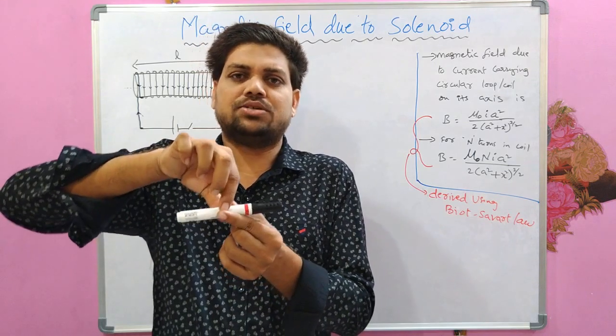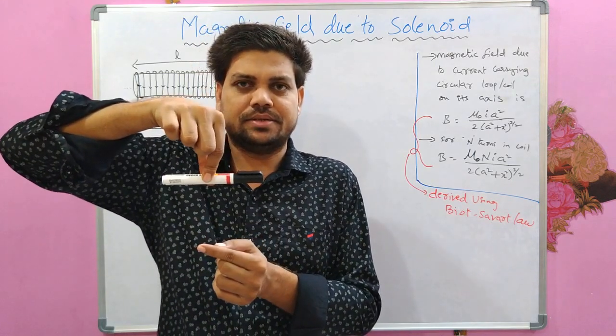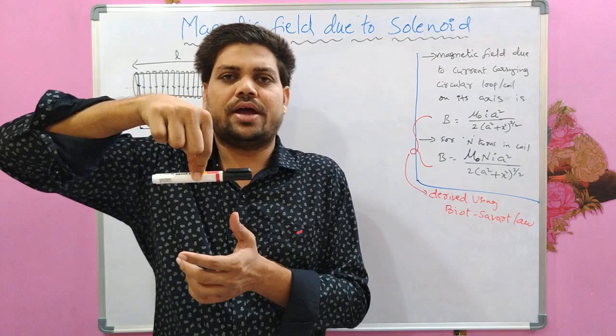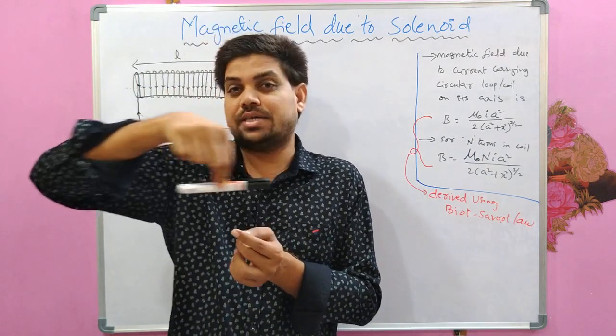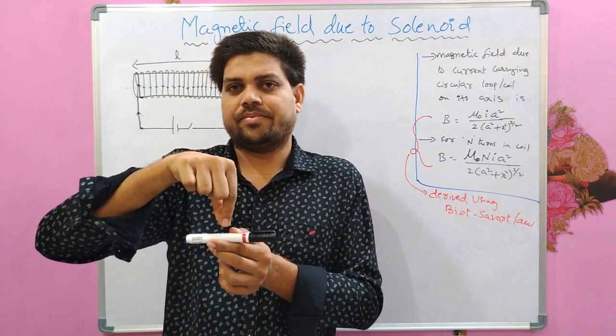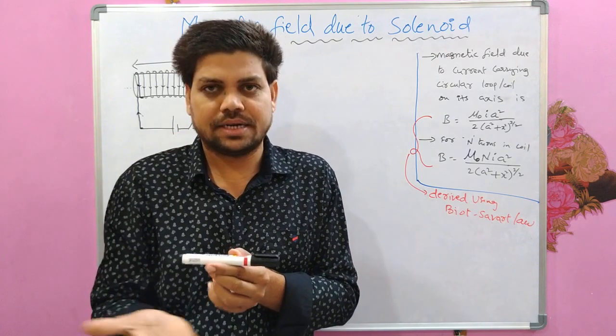So if you suspend a solenoid carrying current, that solenoid will rest in the north-south direction, just like a magnet does.